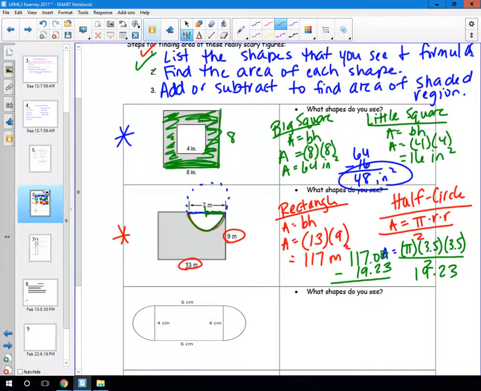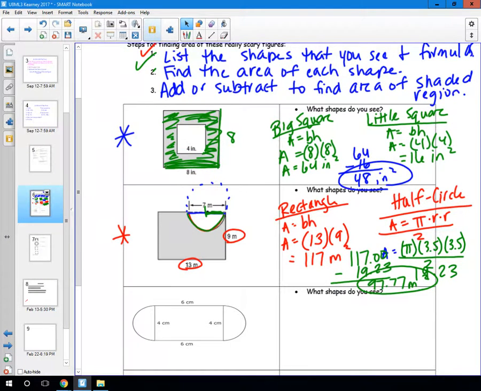And I would get, if I put that in my calculator and subtract, 97.77 meters squared. Okay? So just to recap, I listed my shapes and their formulas. I found the area of each, and then I decided whether I was going to add or subtract.